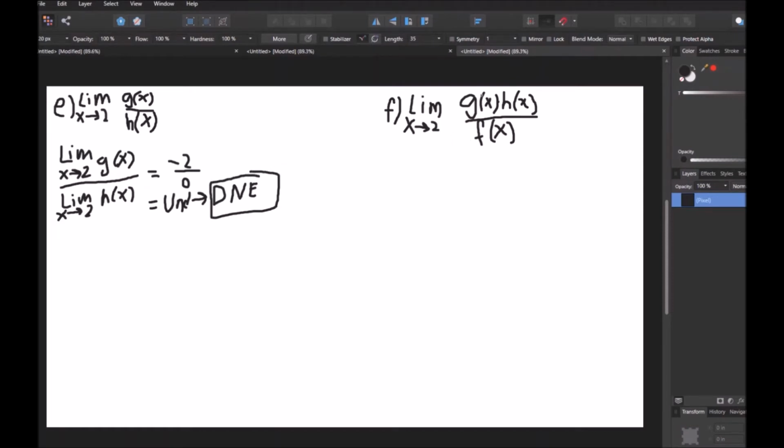Now, in this last part, we're asked to find the limit as x approaches 2 of g of x times h of x all over f of x. So this is going to be the limit as x approaches 2 of g of x times h of x over the limit as x approaches 2 of f of x.